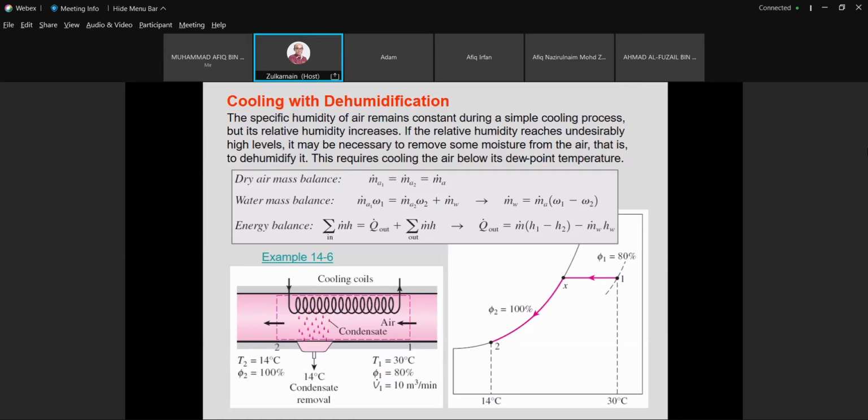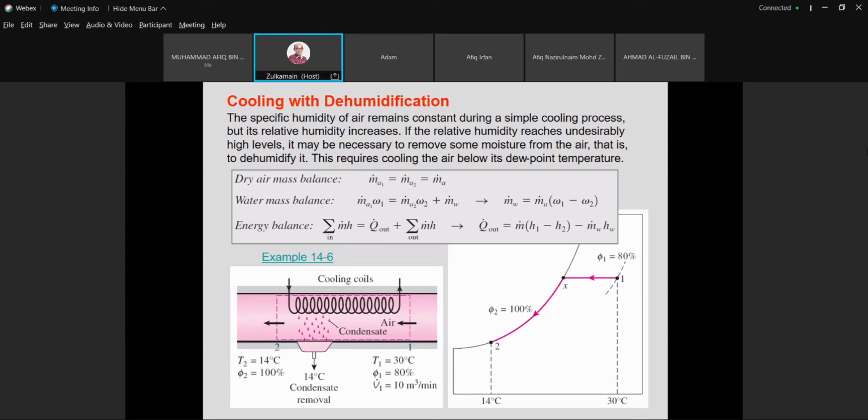This is an example of our real condition in Malaysia, where we have air conditioning with an evaporator, which represents the cooling coil, and condensation occurs at the evaporator side.